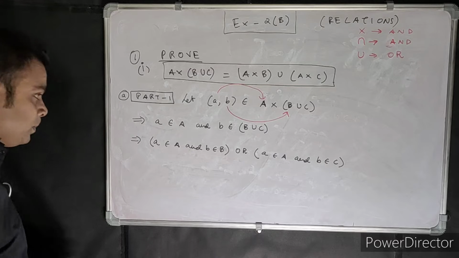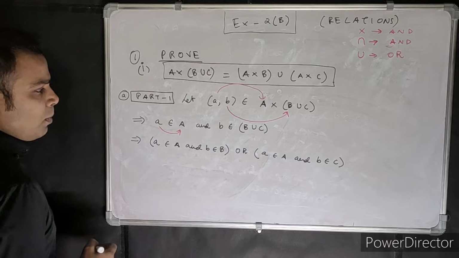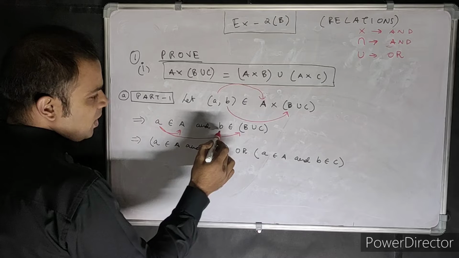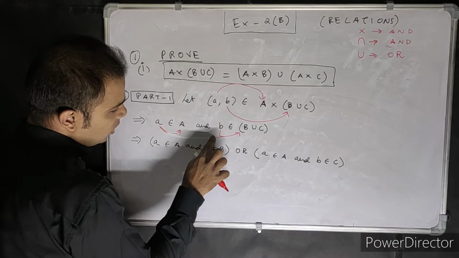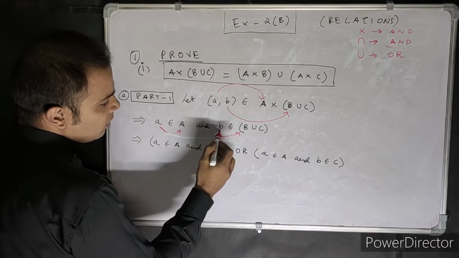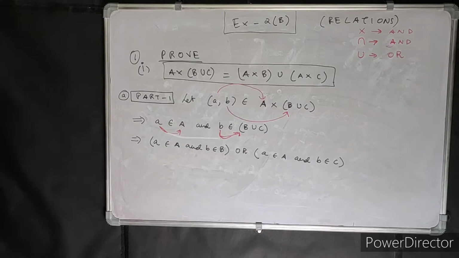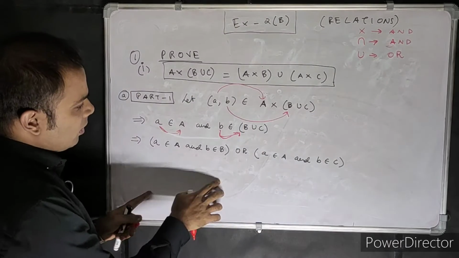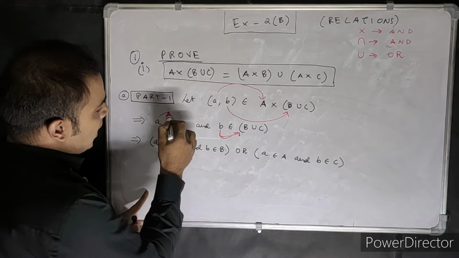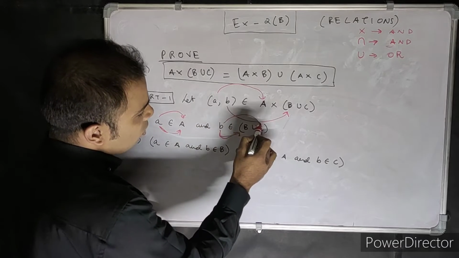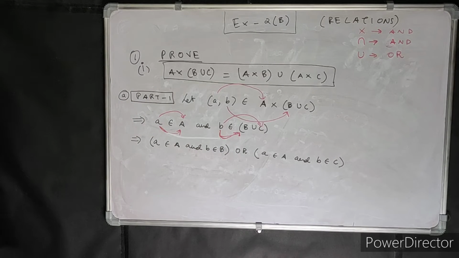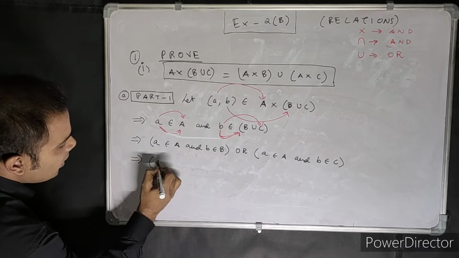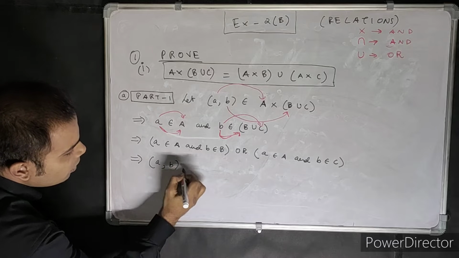A belongs to A and b belongs to B, and this is separated by the union, that is "or". Then again a belongs to A and b belongs to C. Nicely done.